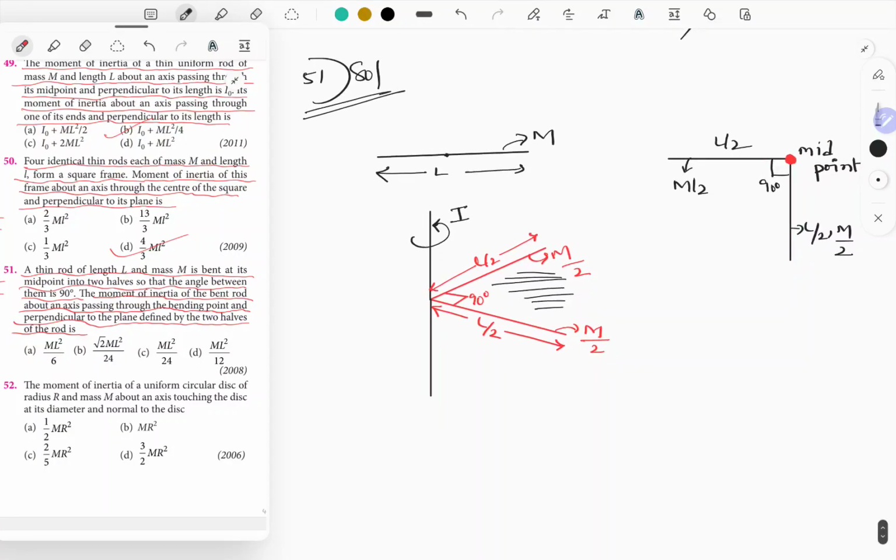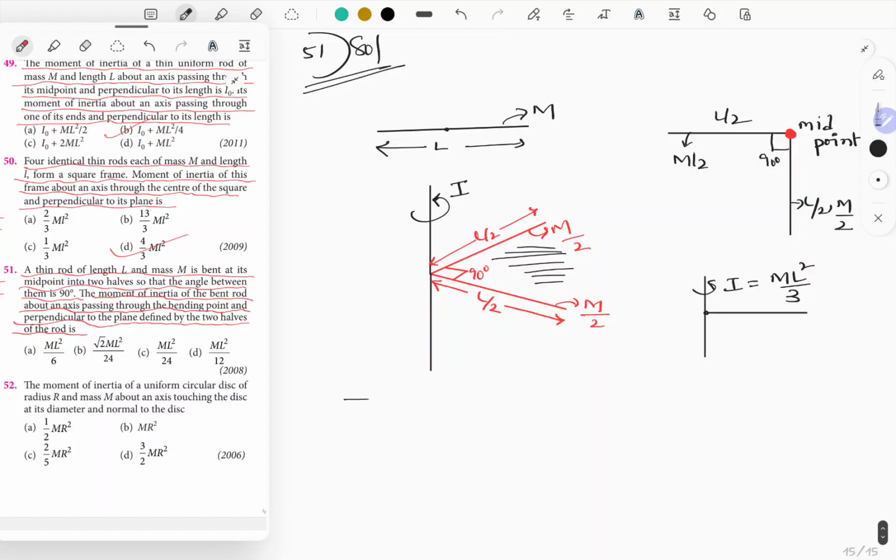So we know the moment of inertia through the edge of a rod. Let's say this is the rod, and through its edge we know the moment of inertia is equal to ML square by 3, right? So let me find the moment of inertia I due to these two rods, let me write them as 1 and 2. So due to the first rod it is I1 and I2.